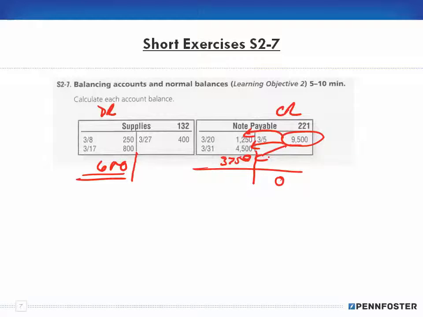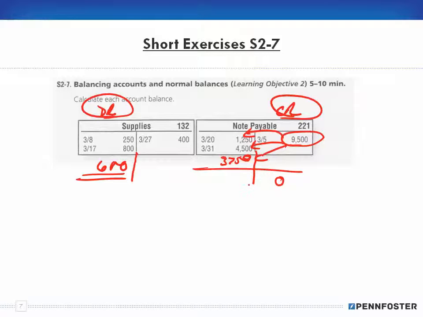We usually don't go below zero. By having a debit or a credit as our normal balance, that allows us to work with positive numbers all the time. It's just a matter of which side you put it on, because generally you don't go below zero.